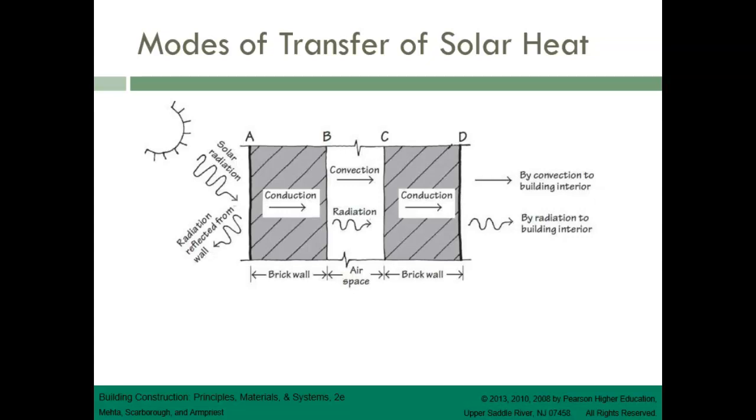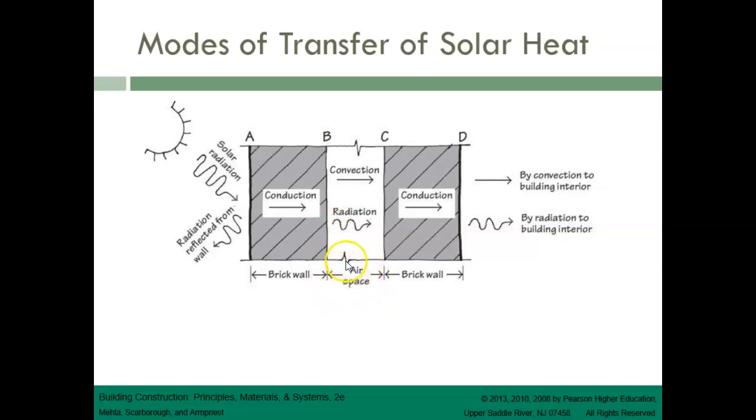The outside of a building absorbs solar radiation from the sun, and once that outside material, in this case a brick wall, absorbs that energy, it conducts through the material into an airspace.